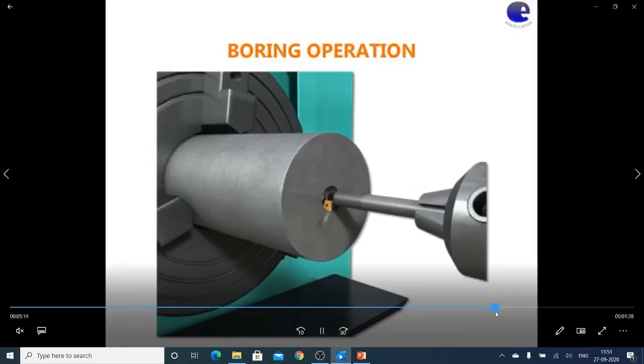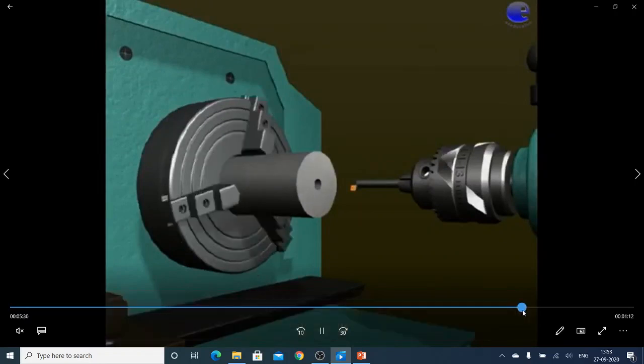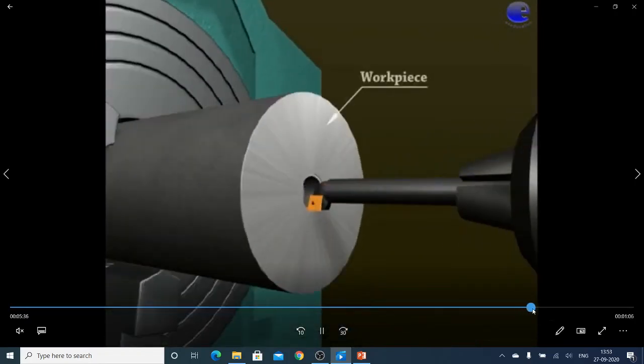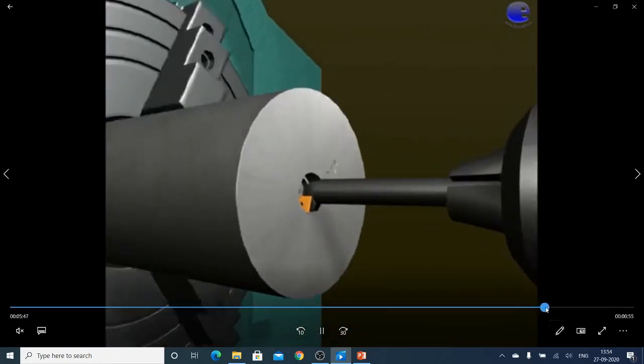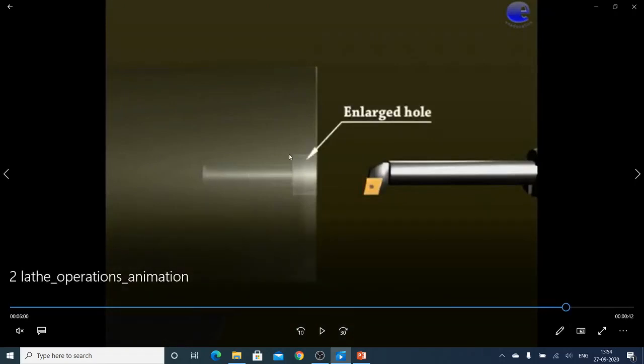Then the boring operation, we have seen, is used to increase the diameter of a previously drilled hole. In the boring operation, the diameter is increased. You can see here, this is a previously drilled hole and this is the increased diameter.